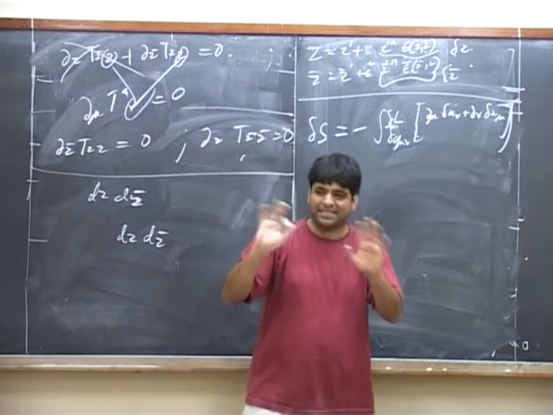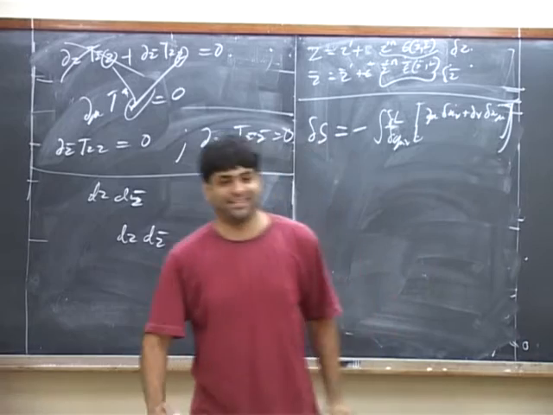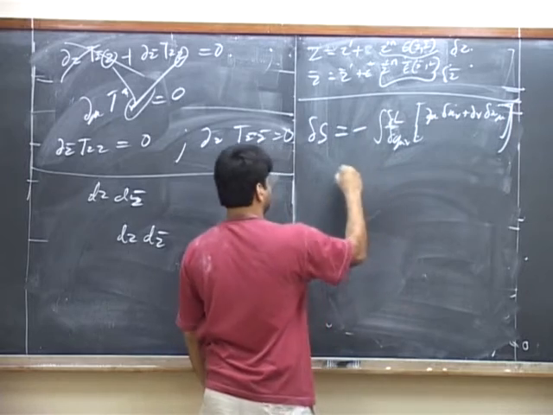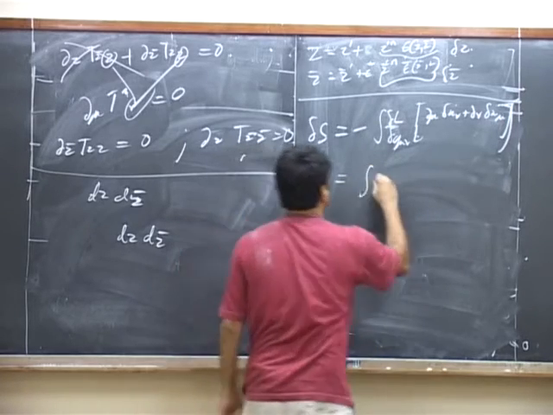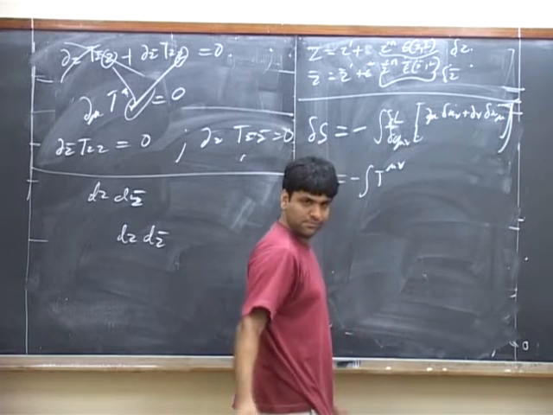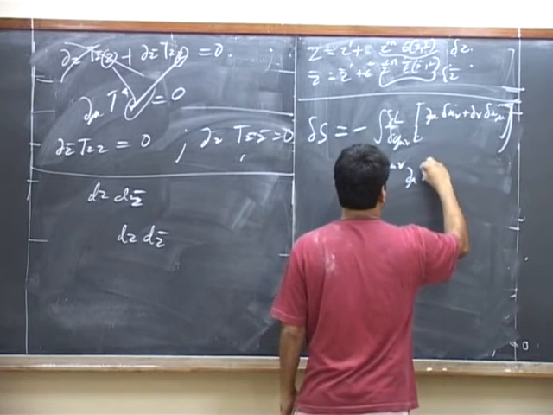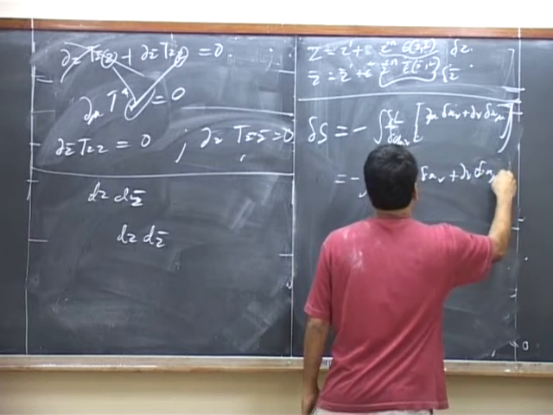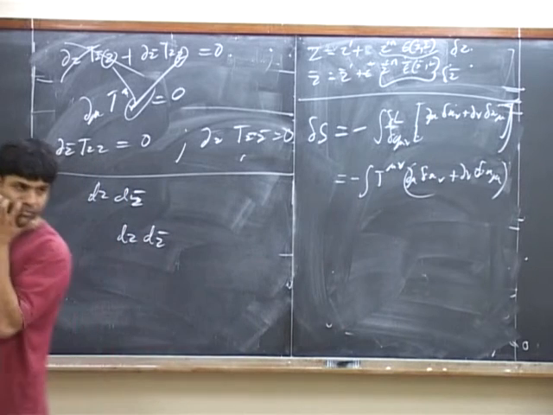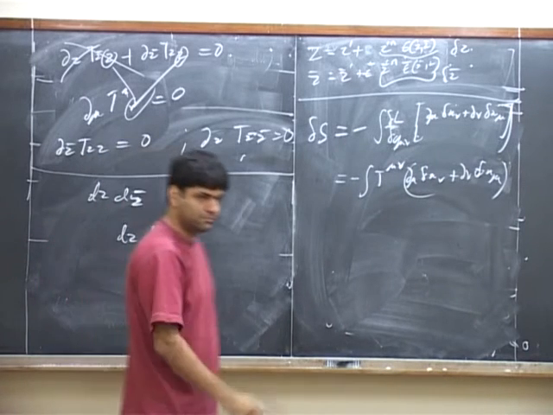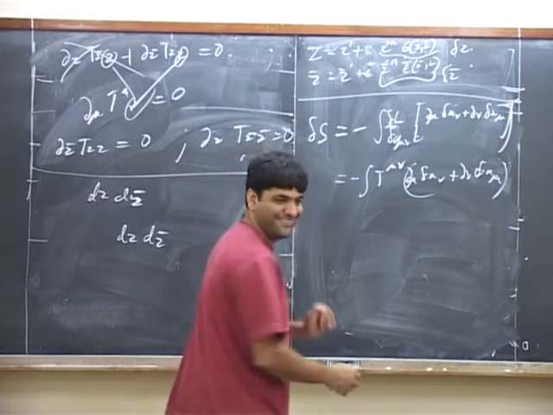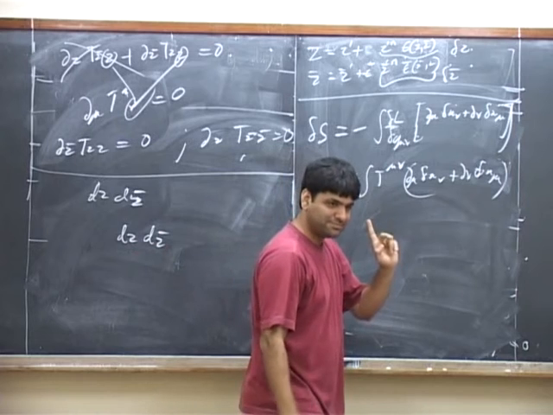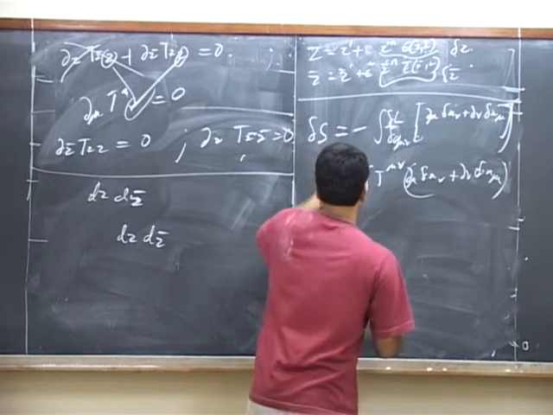But let's always work in flat space, so we don't have to get the square root g factors. Now this guy, by definition, is minus d mu of del mu delta x nu plus del nu delta x mu.